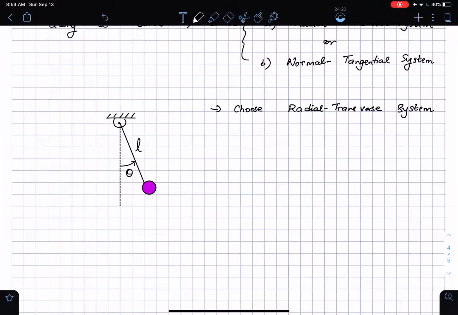Which means that I'm going to be sitting here as a fixed observer. First of all, I position myself as a fixed observer, and this is the point O. So O is a fixed observer.